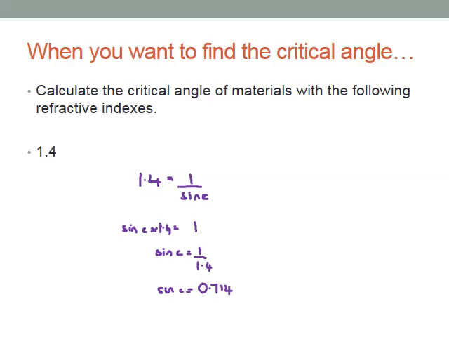And then to get c on its own, we have to inverse sine 0.714, and that equals 45.56. Because it's an angle, make sure you give it a degree sign.